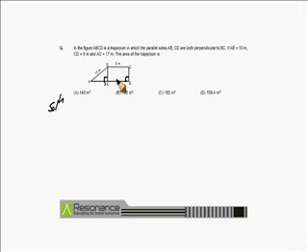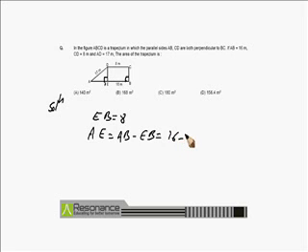So CD is 8, so the opposite side, that is EB, is also equal to 8. Therefore we can say that AE is equal to AB minus EB, that is 16 minus 8, which comes to be 8.